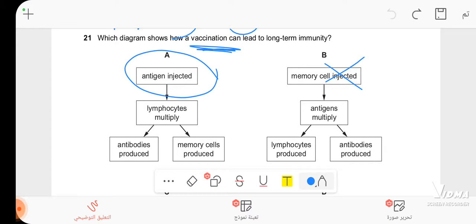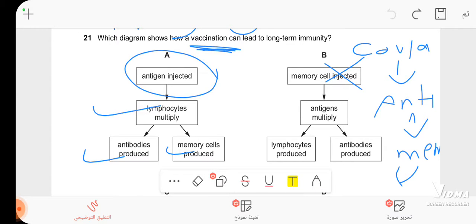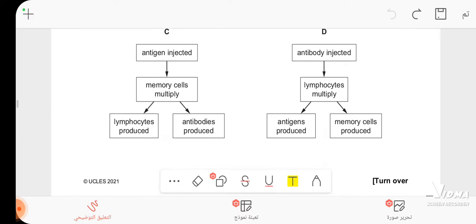After injection of COVID-19 vaccine, which is antigen, a piece of the virus, the lymphocyte will produce antibodies. Antibodies will cause memory cell to be activated. So this route will be the right. Antigen injected, lymphocyte multiplies, antibodies produced, memory cell produced. So 21A is right. We didn't move to C and D.